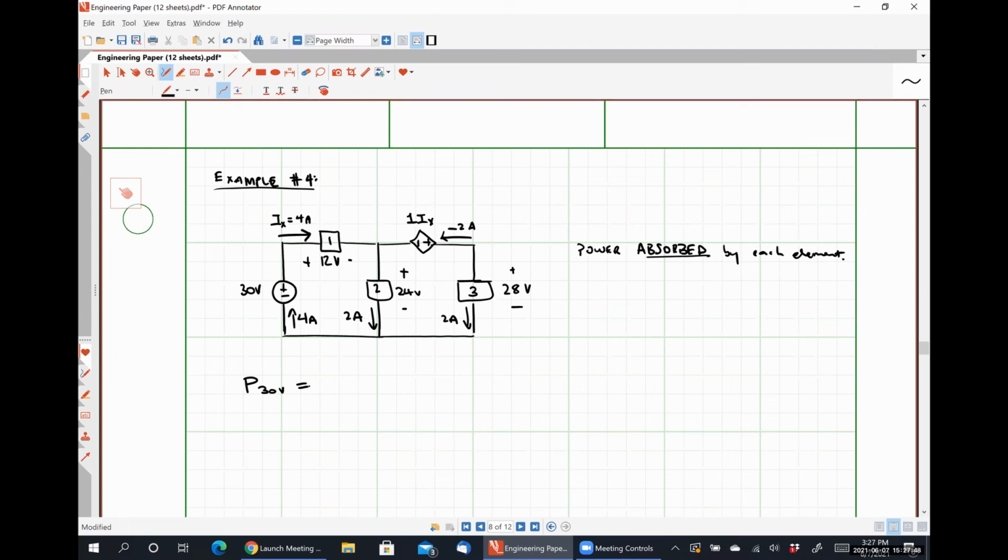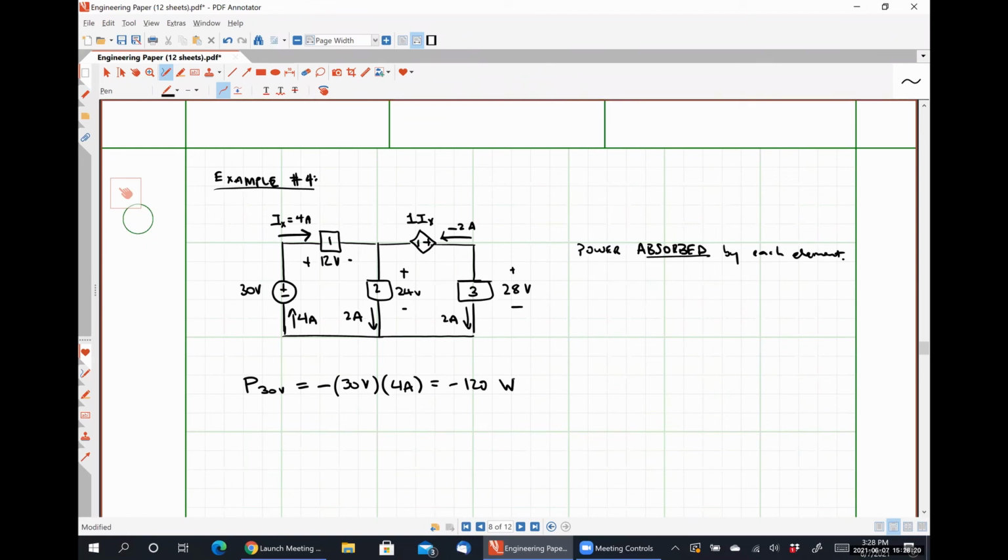What's the current flowing through my 30-volt source? 4 amps. Oh, it's going into, yeah, 4 amps. So the current is going into the positive polarity terminal or the negative polarity terminal? The negative, so negative 4 amps. All right. So I put a negative sign out front. The power absorbed is then negative 120 watts.